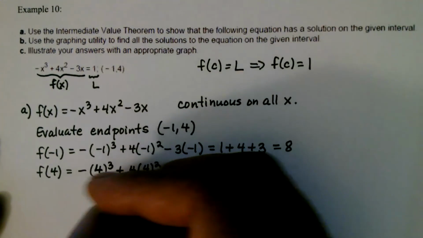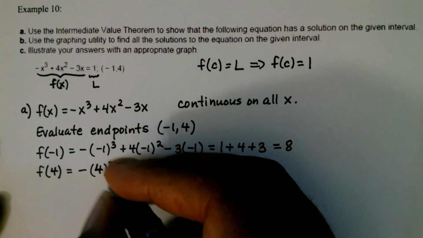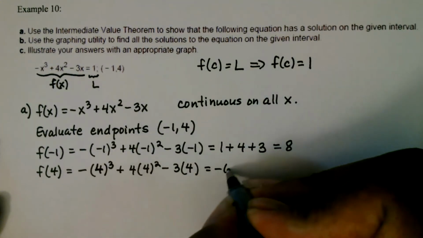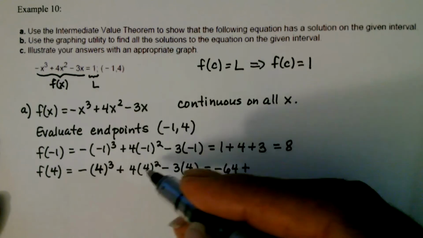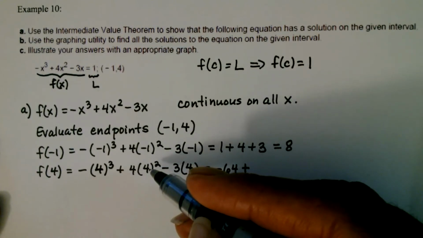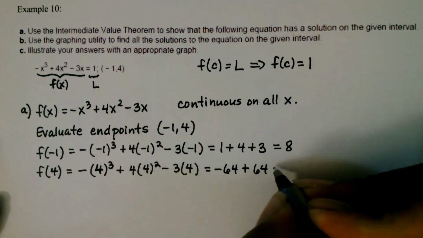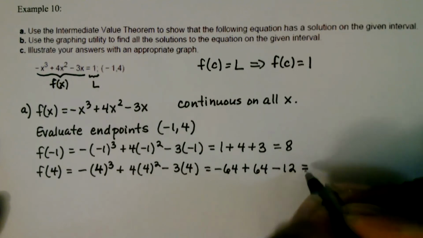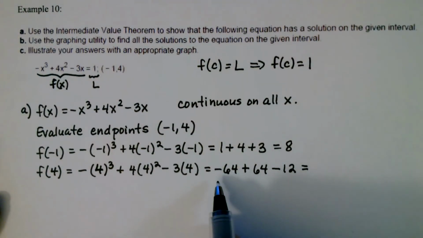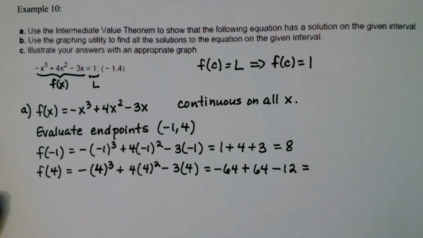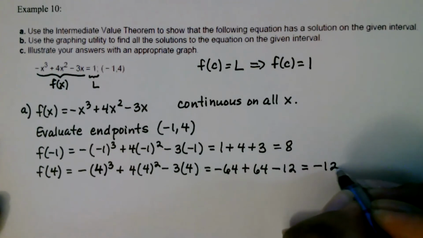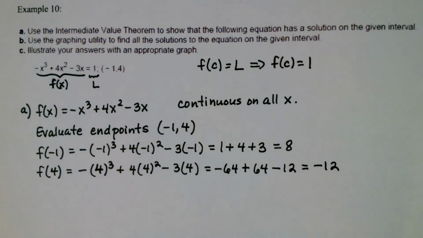Well, in this case here, 4 cubed is 64, but the negative makes that 64 negative, plus 4 squared is 16. 16 times the 4 is 64, minus 3 times 4, which is 12. What's -64 plus 64? That's gone. So you're left with -12. Because -64 plus 64 is 0. 0 minus 12 is -12.